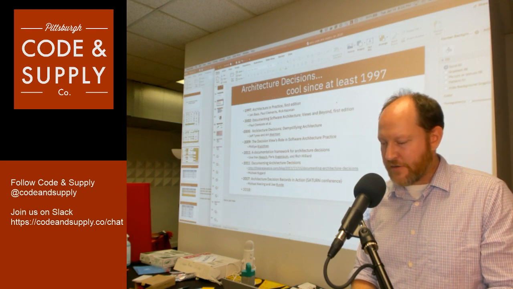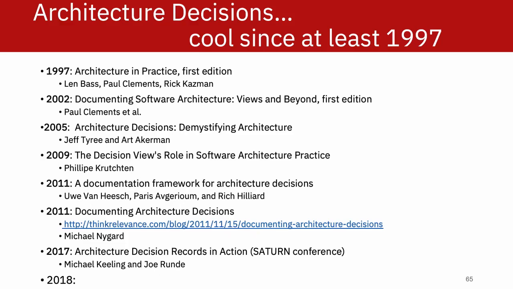So decision records, decision logs, cool, since 1997, maybe even earlier. There's a lot of really great literature on this topic if you're so inclined. The 2005 Tyree and Ackerman paper is pretty darn good on this topic.